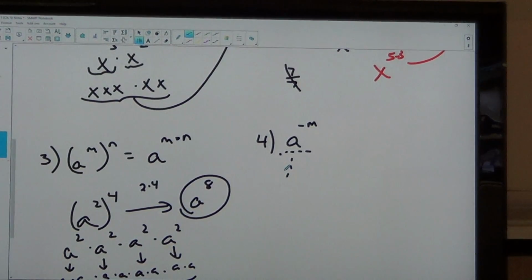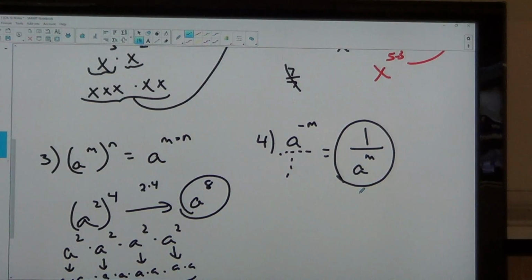So to make him happy, he goes downstairs. So this is going to be 1 over a to the m. It doesn't change the person, it just changes his attitude. So it's not changing the A, it's just changing the m. So if I give you an example, I'm just going to put a bunch of them in here. I do x to the third, y to the negative 2, m to the negative 4.